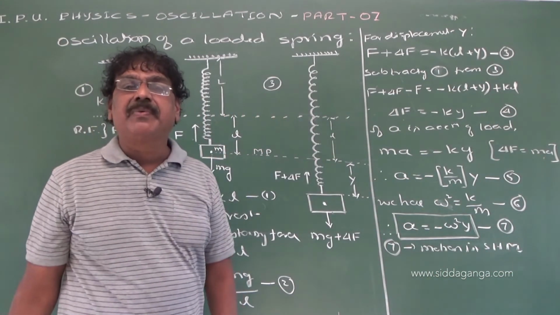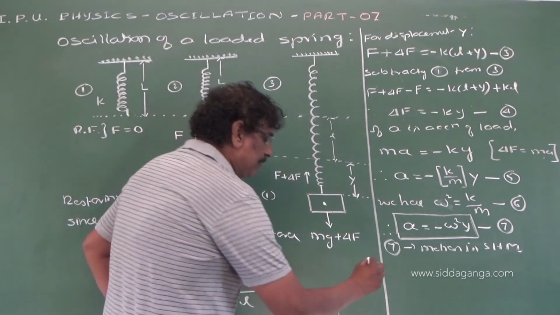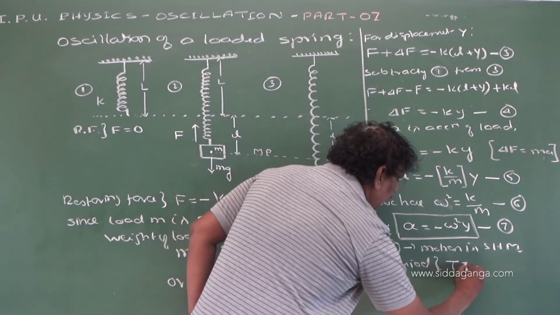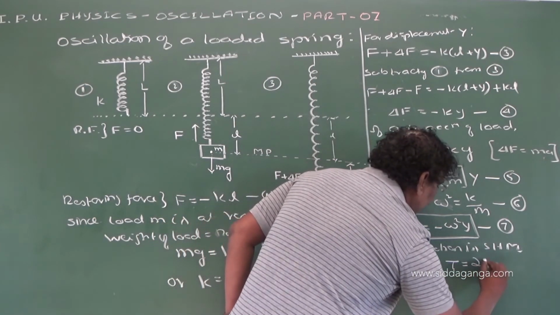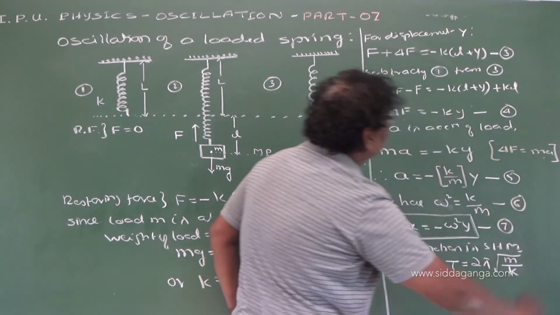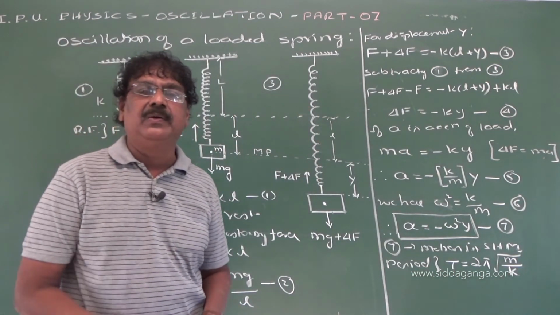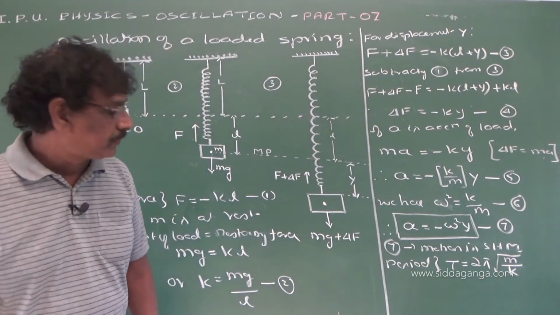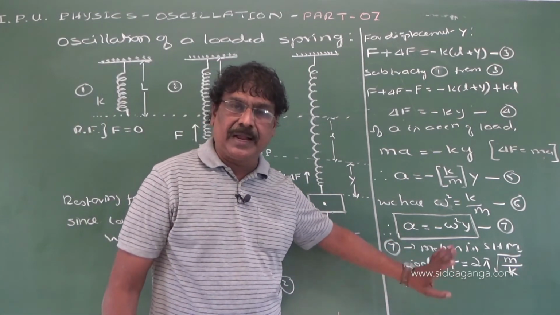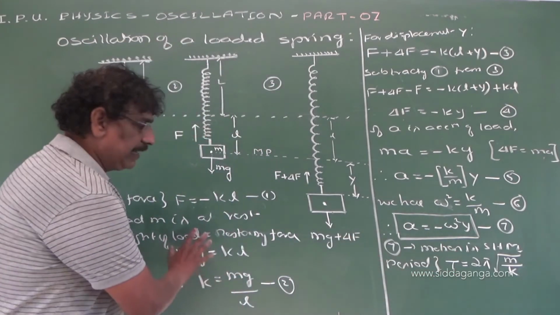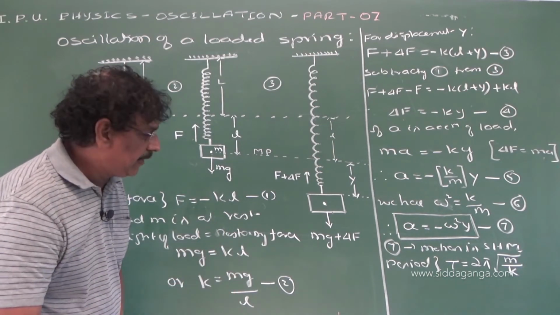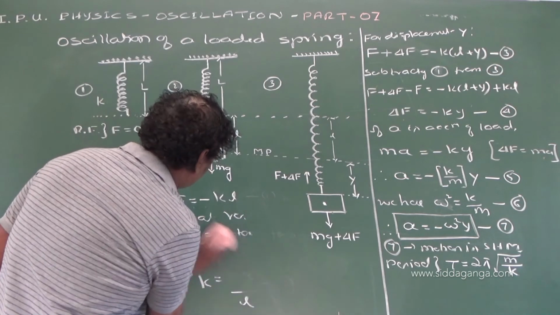Now what is the period of simple harmonic motion? T is equal to 2 pi into square root of M by K. Is that clear? Then I will rub this part of the derivation, because I need some space here.